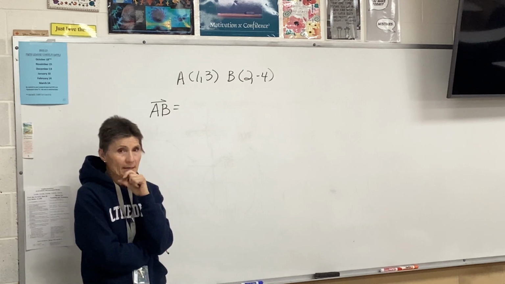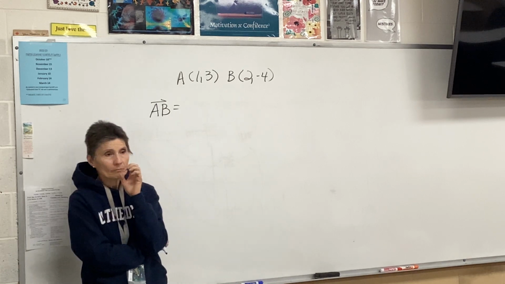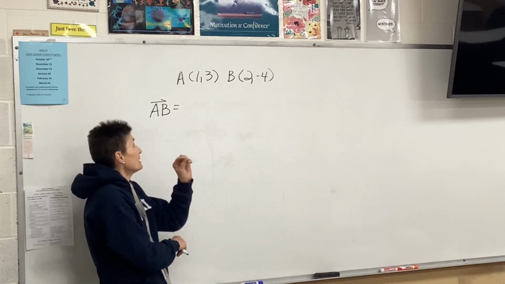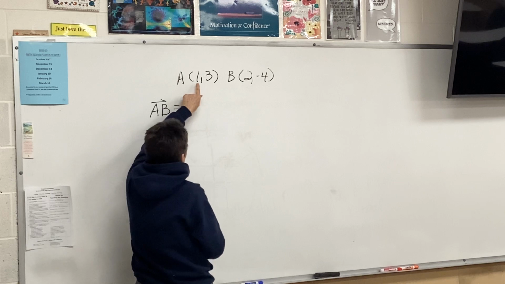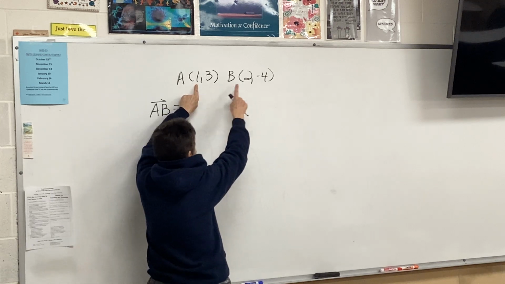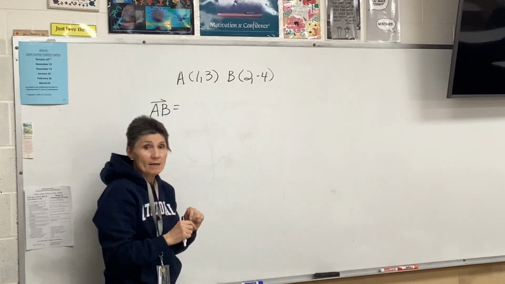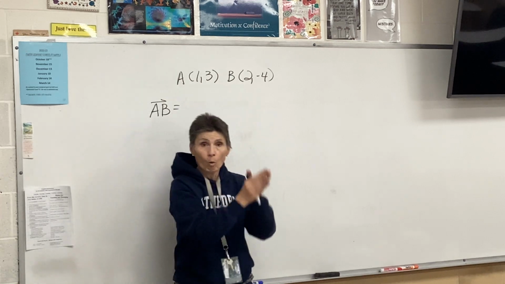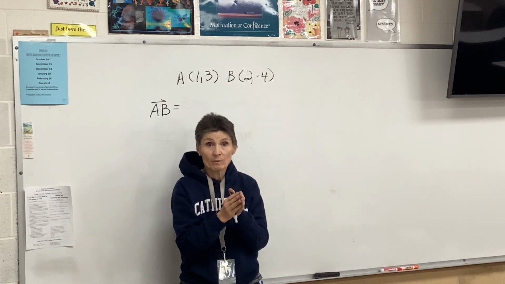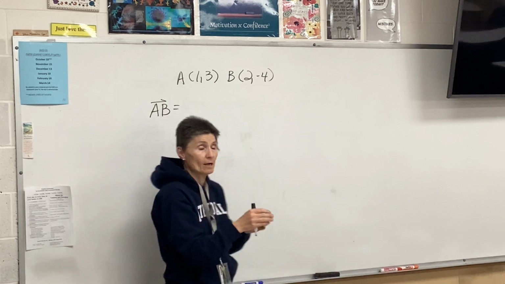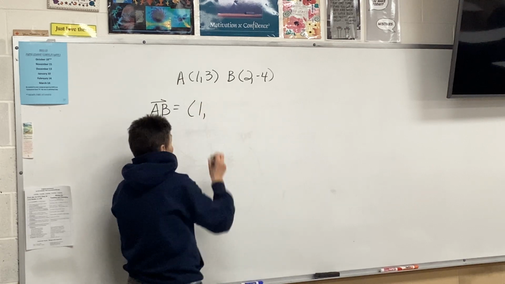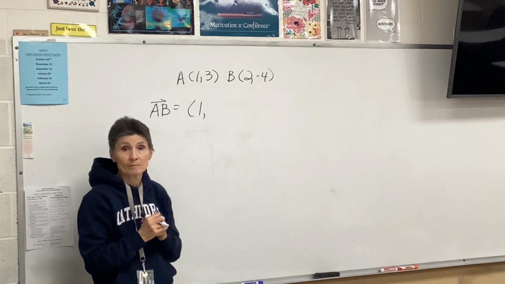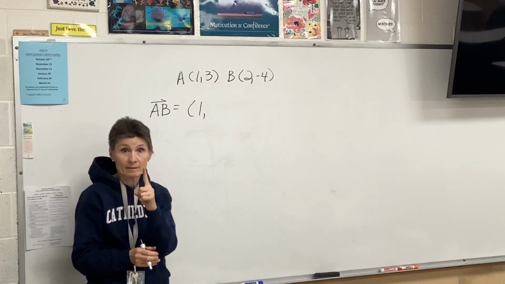So I want you to think about how it is moving horizontally. If it is moving from where x is 1 to where x is 2, this vector is actually gaining 1 horizontal unit. Would you agree with me? It's moving 1 horizontal unit. So the x-coordinate of the vector is 1. 1 to 2. That's a difference of 1.